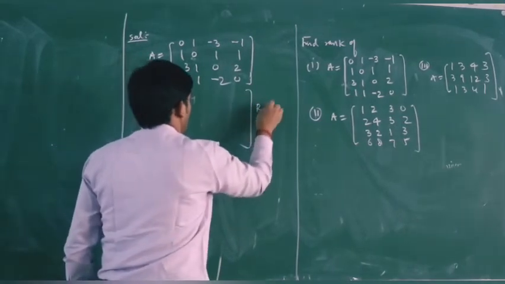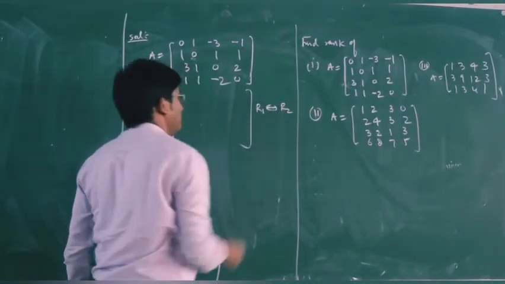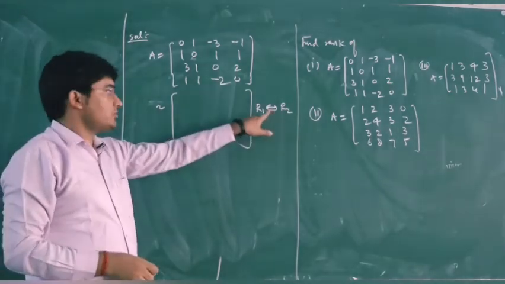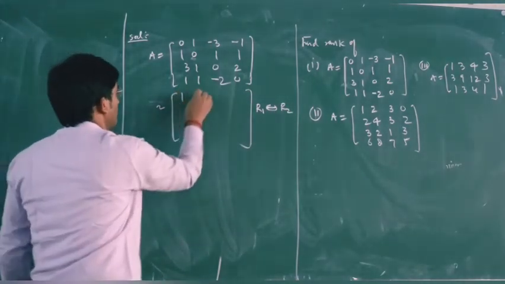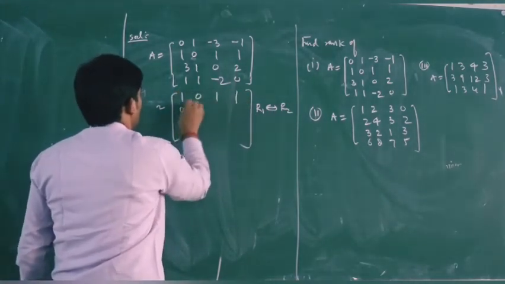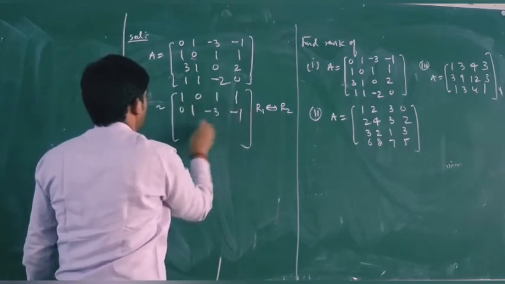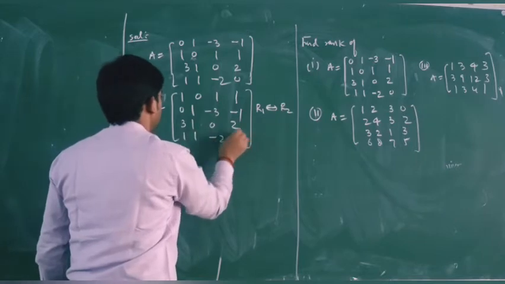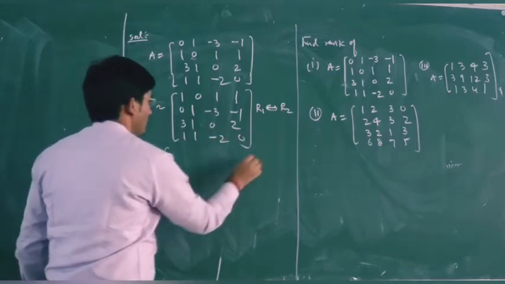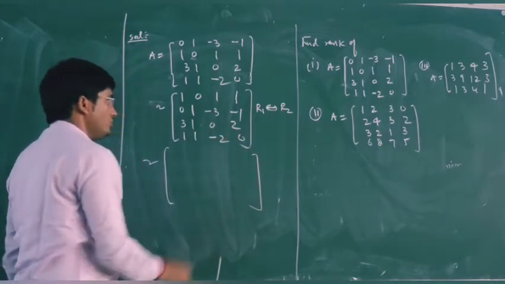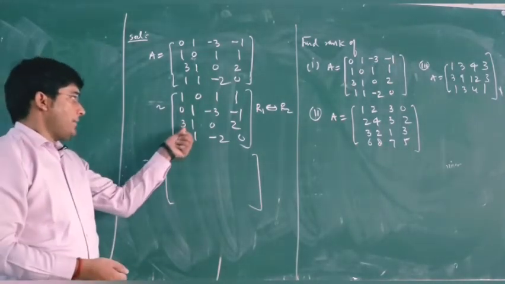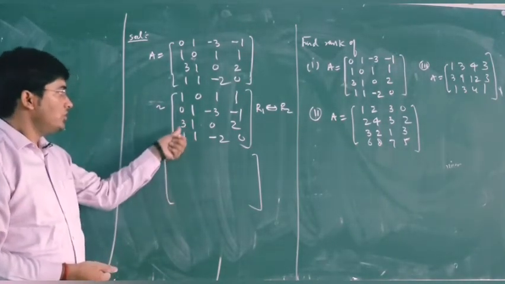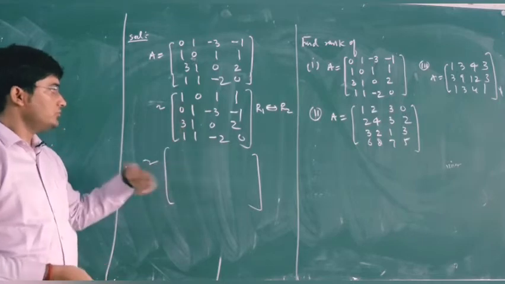So R1 and R2, I am interchanging my first row and second row. Here is the symbol. Now this will be 1, 0, 1, 1, 0, 1, minus 3, minus 1, then 3, 1, 0, 2, then 1, 1, minus 2, 0. Now we will try to reduce every element of the first column to 0.